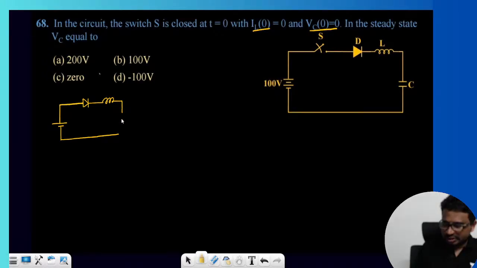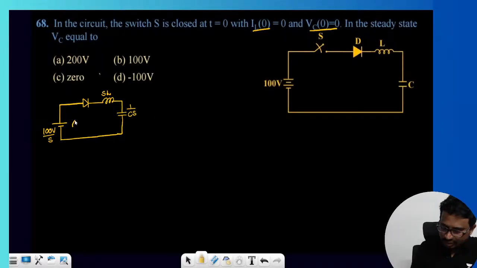There is no resistance present. If both elements, inductor and capacitor, are present, go for the Laplace only. So here this voltage is how much, tell me now. 100. If you apply the S domain, I can say this as 100 by S, and this we can say as SL, and this is the element of 1 by SC.